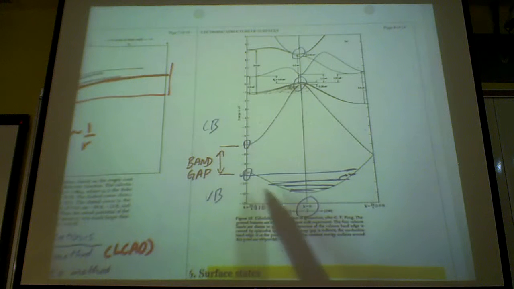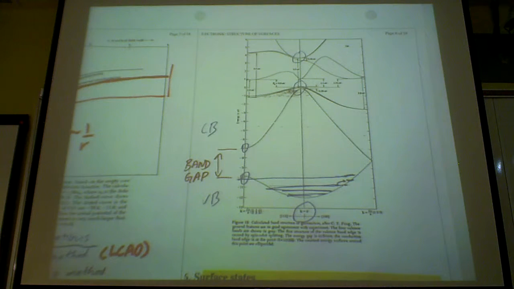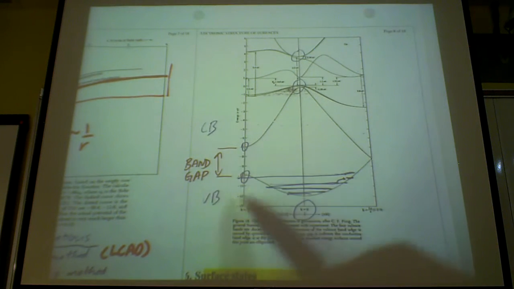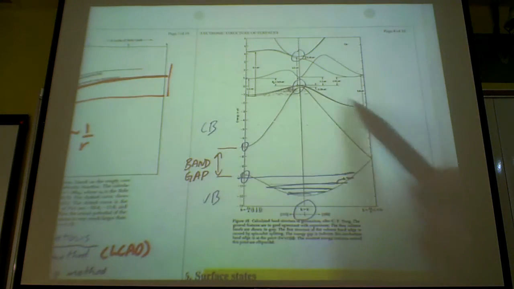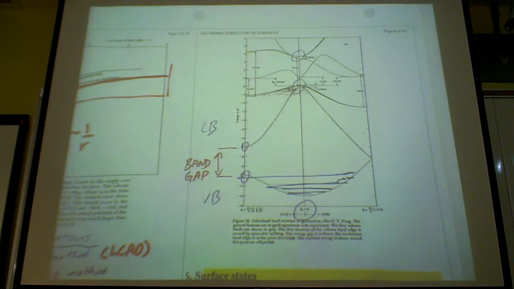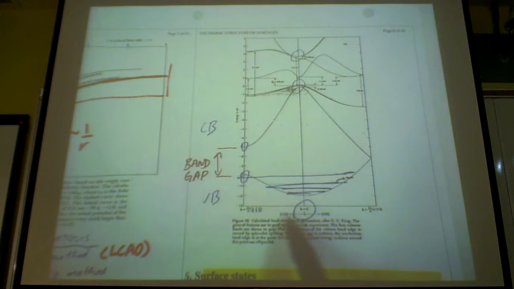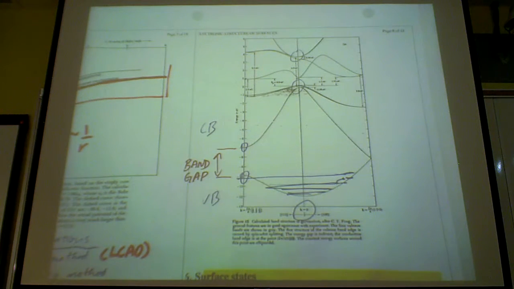So here's a calculated band structure based on this kind of approach, for germanium, for example, and you have the band gap, you have valence band, conduction band, calculated in this way. Clearly, it depends on K, right, which is the hallmark of the electronic structure.